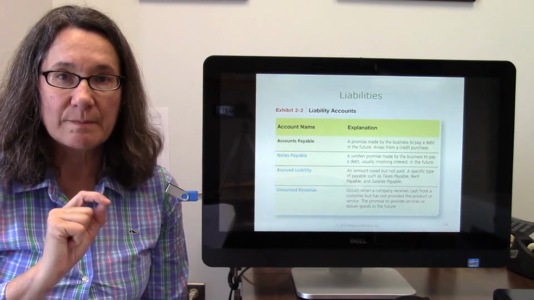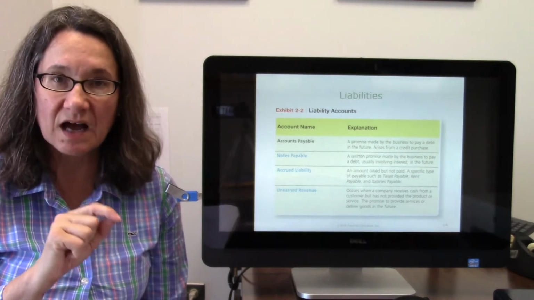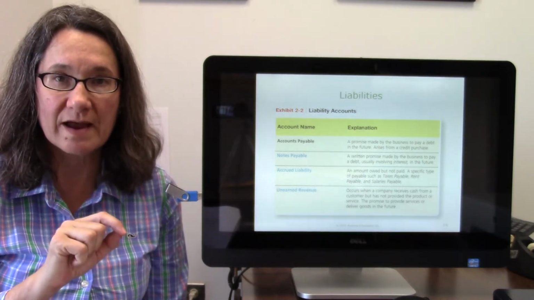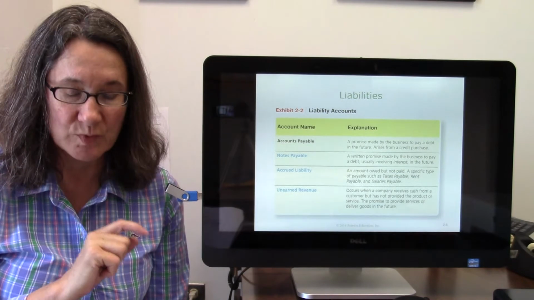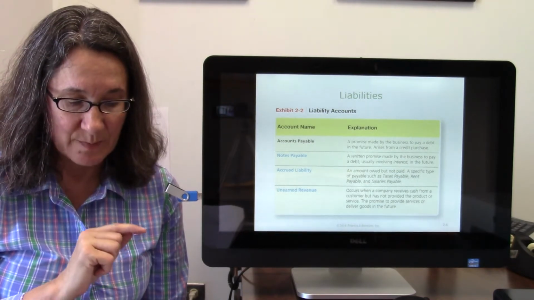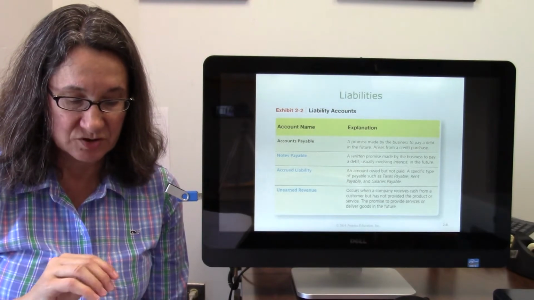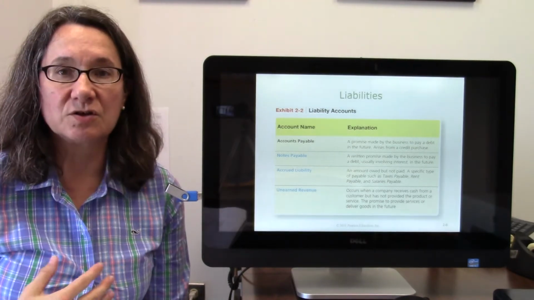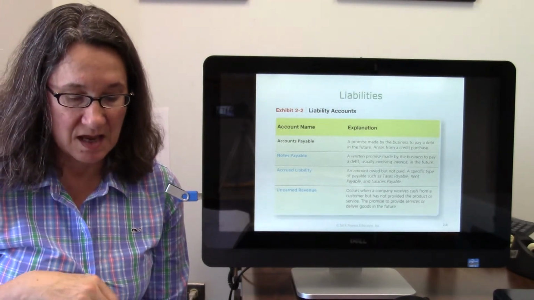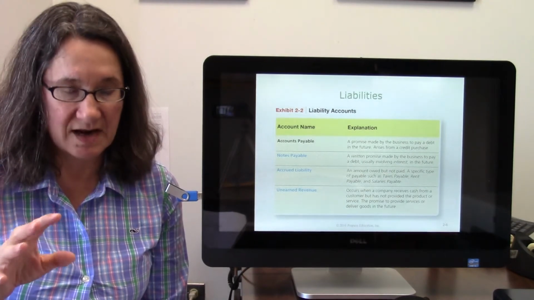A note payable is a specific kind of account. A note payable is a written promise made by the business to pay a liability in the future and generally includes interest. Right? So that makes sense, right?